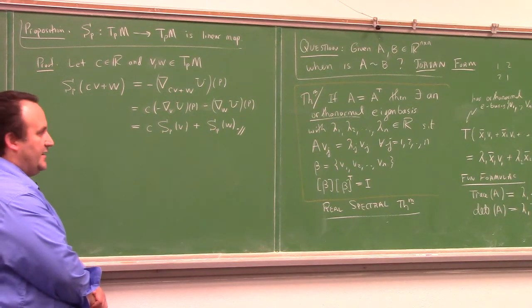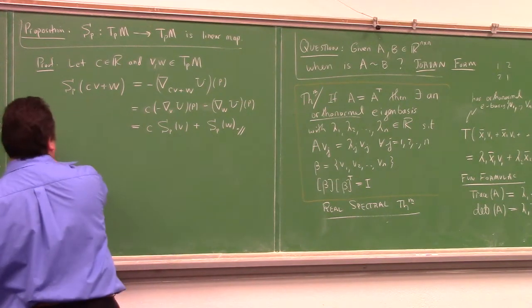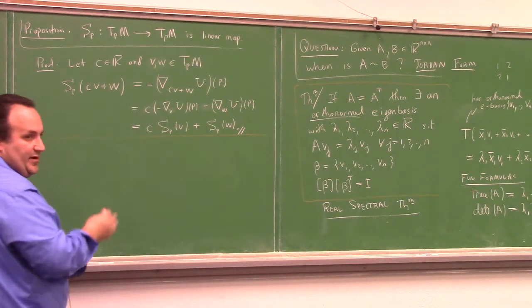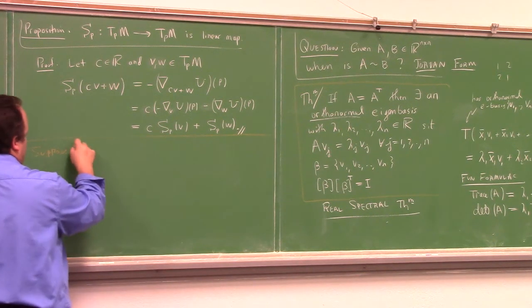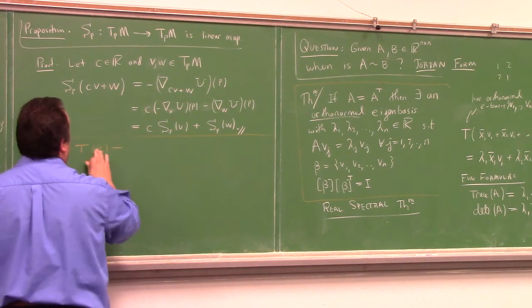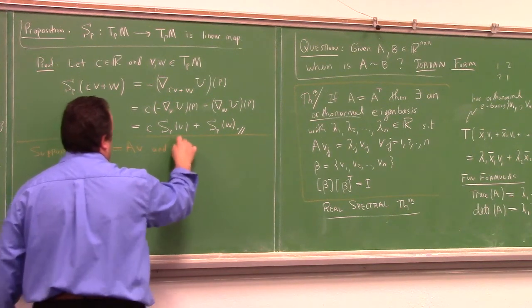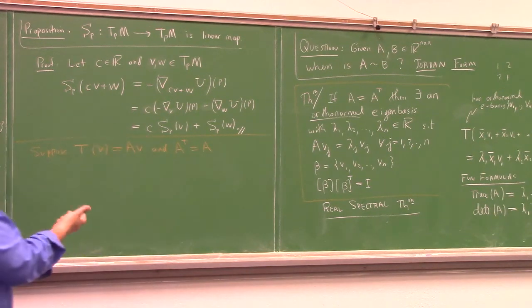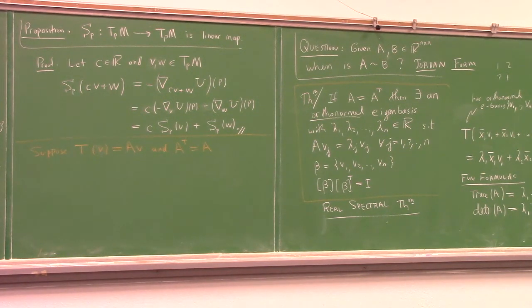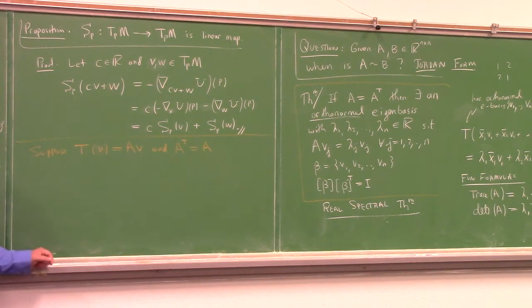Sidebar: suppose T of v is equal to Av, and A transpose equals A. What does that condition mean about T itself?